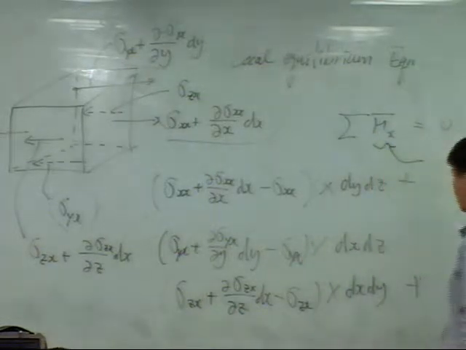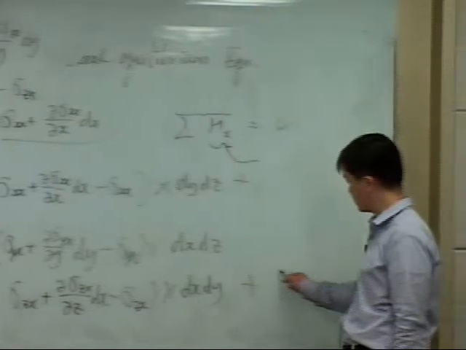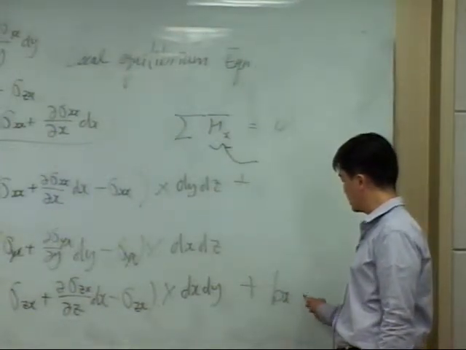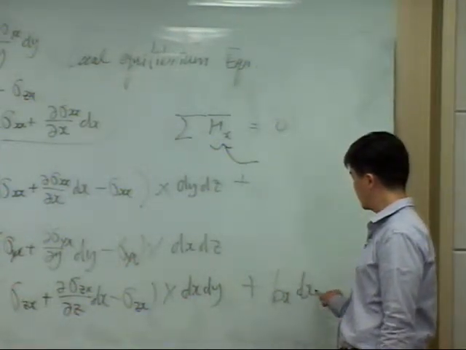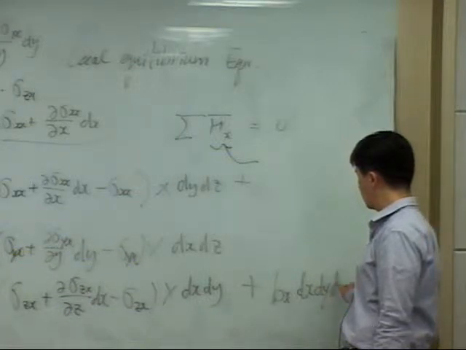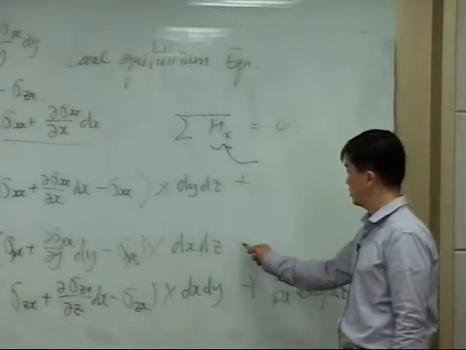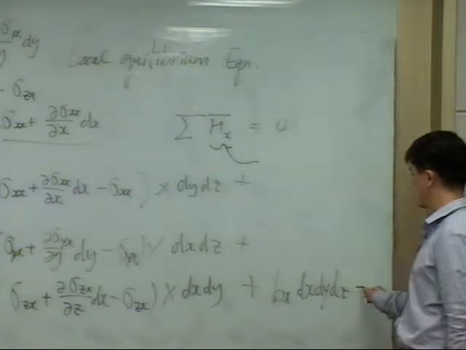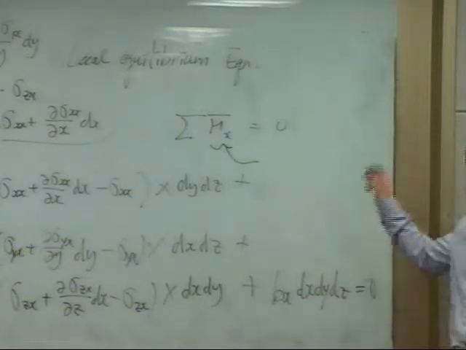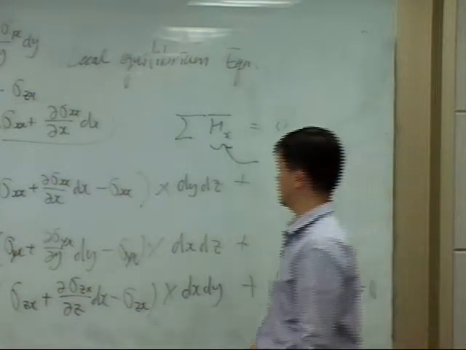And plus, we have a body force Bx, multiplied by dx dy dz. If I sum everything here, it should be 0, right?